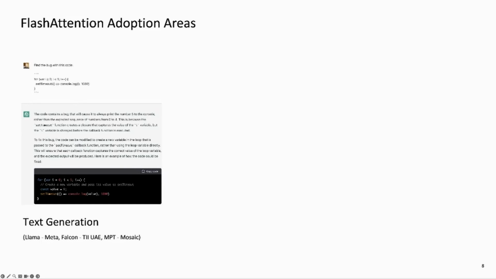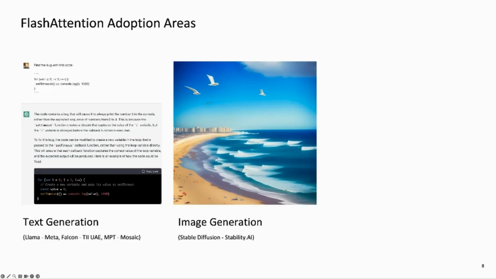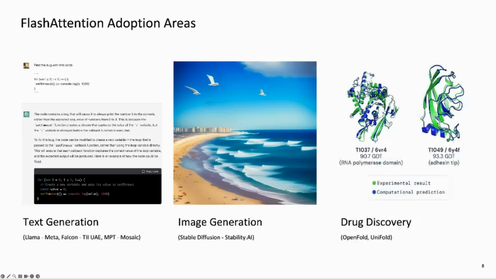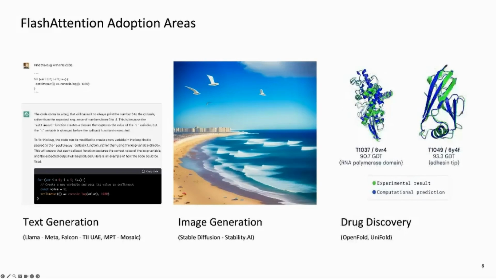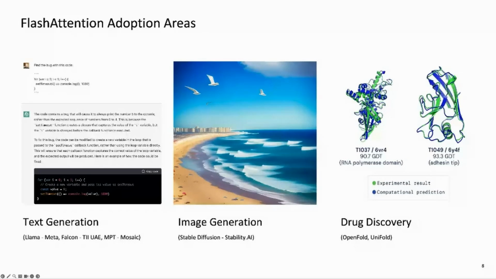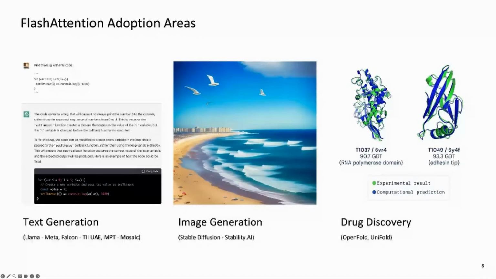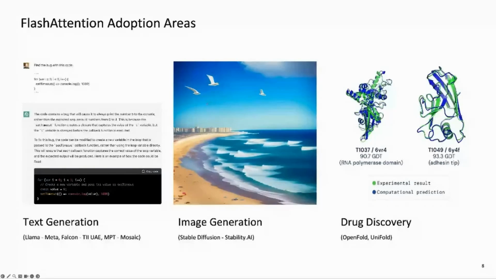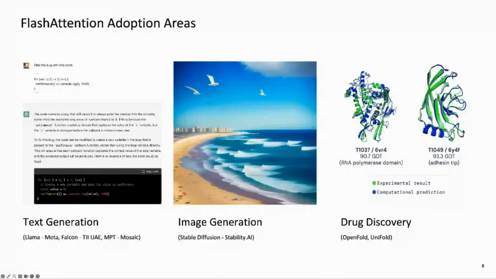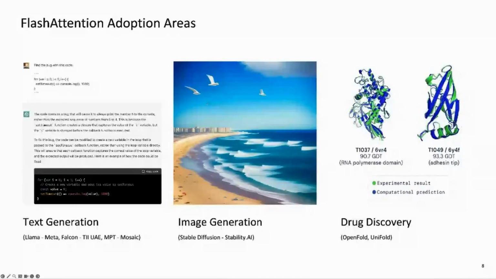In image generation, Stable Diffusion has trained with FlashAttention and has FlashAttention in inference. And for drug discovery, well, DeepMind's AlphaFold 2 was before we did FlashAttention, but there are a bunch of open source alternatives like OpenFold and Unifold, which use FlashAttention to make training and inference faster.